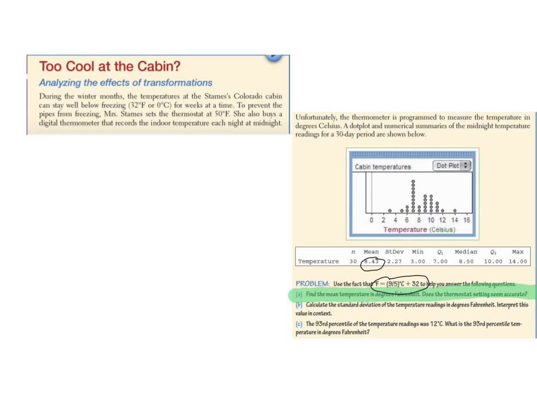Well, I'm working with the mean, which is a measure of center, and I know from our past talks that the center both gets added and multiplied. Not actually in that order of operations, we're going to multiply but then add. But both transformations happen to measures of center. We just went over the slide about that.